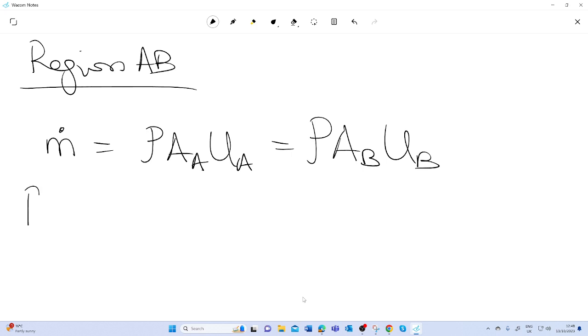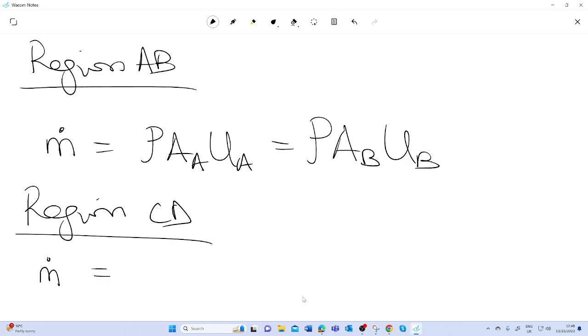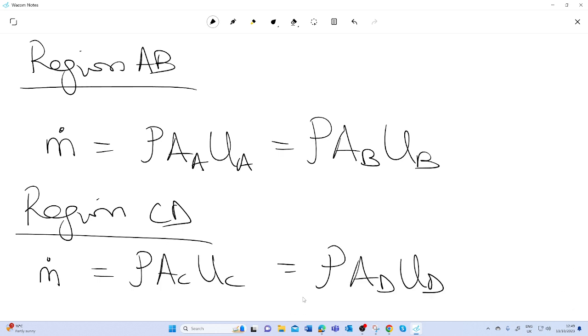And for the region CD, the mass flow rate equals rho AC UC, which equals rho AD UD. So these are the established region dynamics for this particular equation.